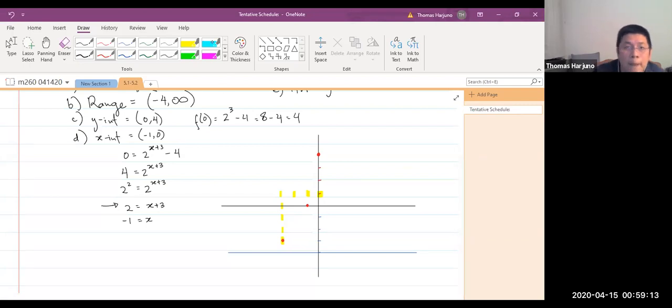Another one is 1, 2. Move 3 units to the left and 4 units down.